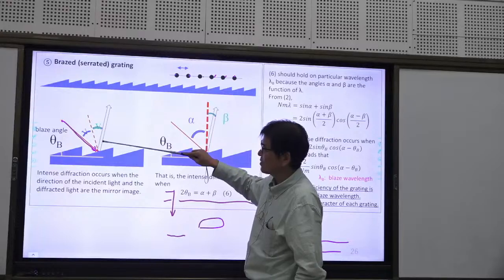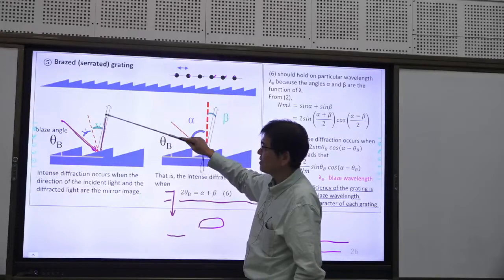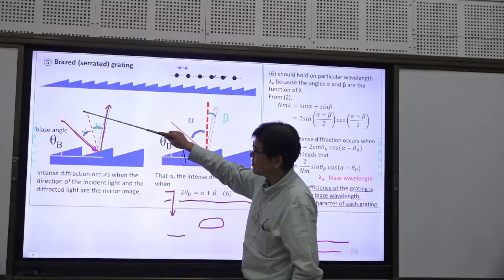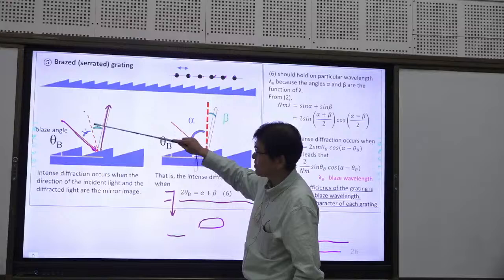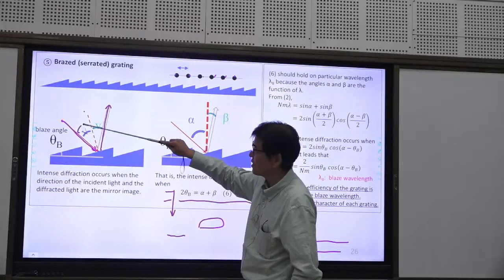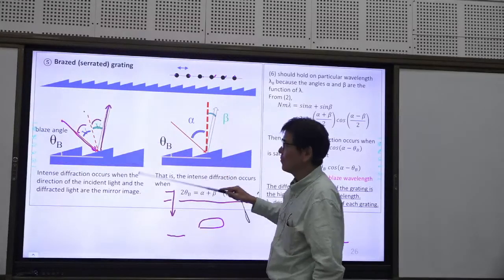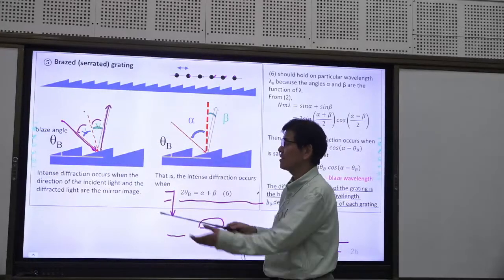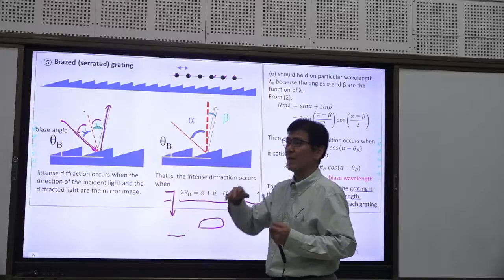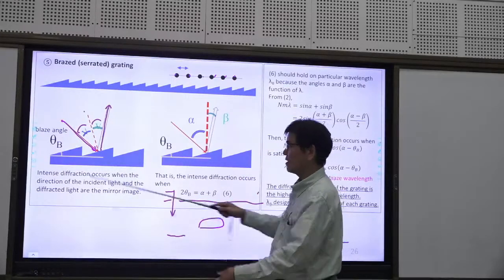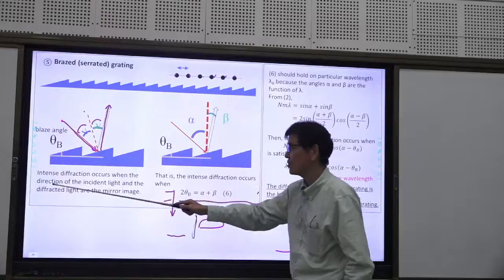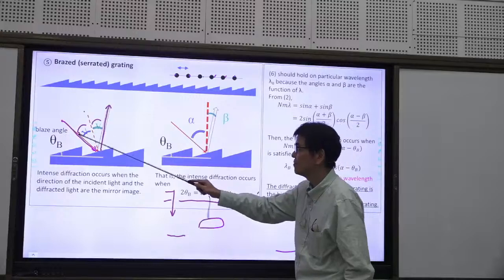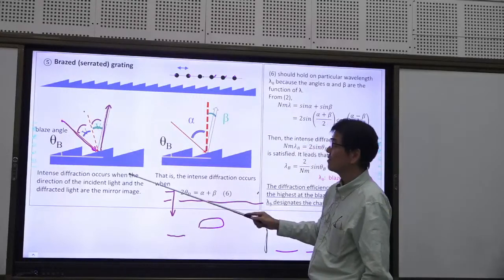If the diffraction direction is the mirror image with respect to the normal, if this angle and this angle are the same, then it is like a reflection, and the efficiency should be higher. Intense diffraction occurs when the direction of the incident light and the diffracted light are mirror images.